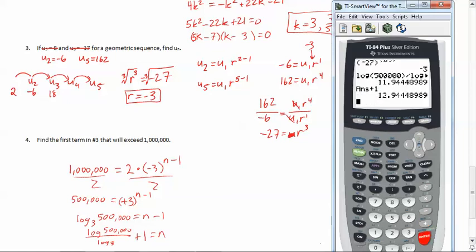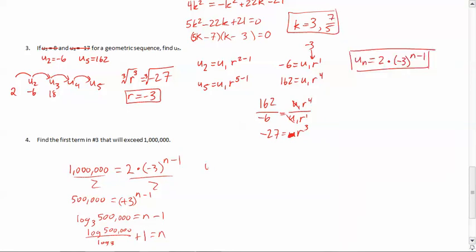So that means that the 13th term is going to have an absolute value that's larger than 1 million. Now, if I put 13 here, 13 minus 1 is going to be 12, which is an even number, and an even power of a negative is going to give us a positive answer, and so that should work out. So let's go ahead and check it.